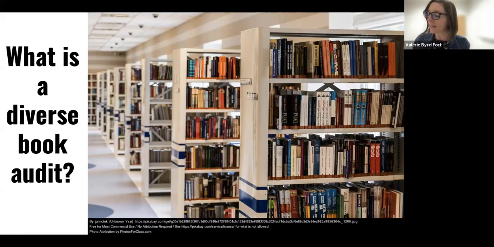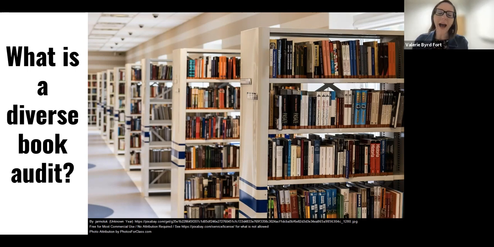You already analyze your collections to see what you have or where you're lacking things that meet the needs for academic standards in school libraries, or topics you know that patrons want to learn about. Maybe you have a suggestion box, or a request form that patrons fill out. So you're already analyzing and thinking about your collections. So why not add diversity to what you are thinking about when you are analyzing your collections?